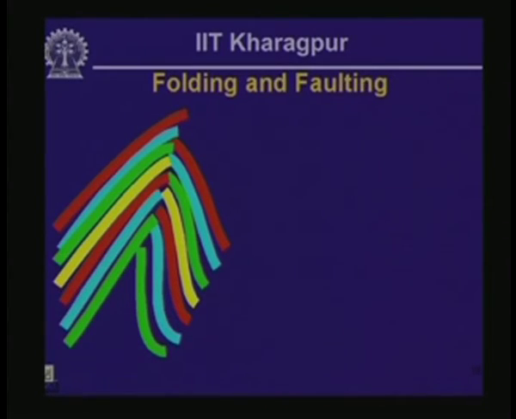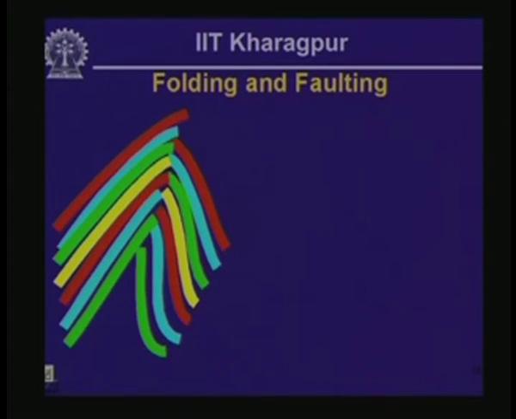Now, this particular configuration is nothing but a fault really. So what is going to happen here is that the rock mass which is to the left of the plane here, called the fault plane, is going to start sliding up and to the right, whereas the block that is on the right of this fault plane is going to start moving to the bottom left.